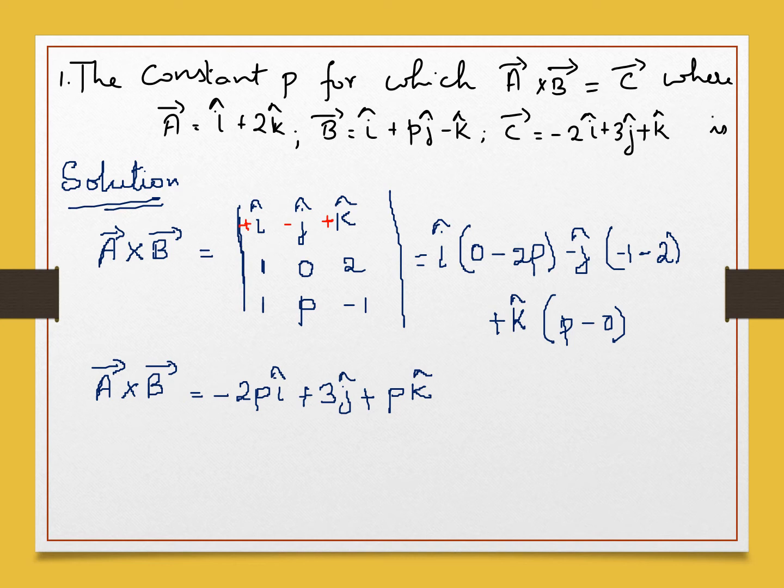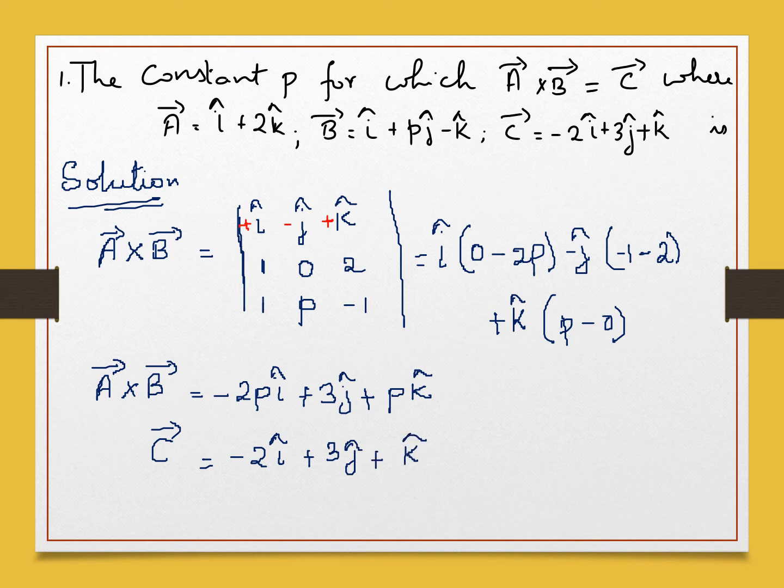Now, as given in the question that A cross B is equal to C vector, we have to compare the coefficients of the answer we got from A cross B with the coefficients of C vector. So here I will write C vector is minus 2i cap plus 3j cap plus k cap.